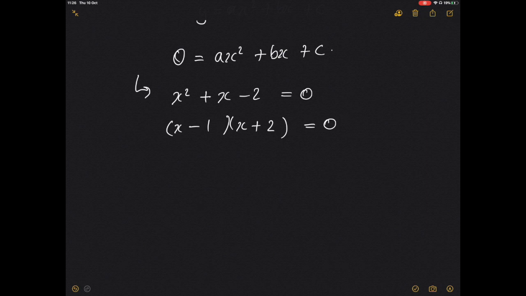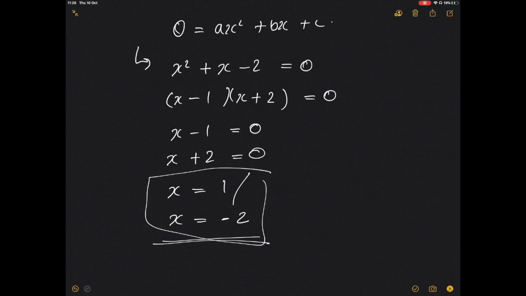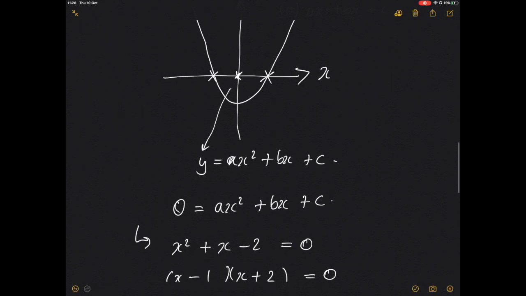Our two solutions will therefore be x minus 1 equals 0, or x plus 2 equals 0. If we then rearrange these equations, we find that x equals 1 and or x equals minus 2. In the exam, what I'd want to see is that you gave me both answers to the question, because this would be the solution to our actual plot.